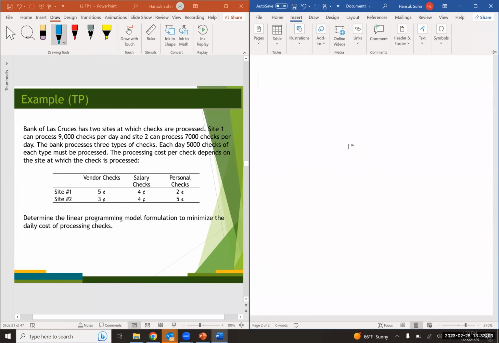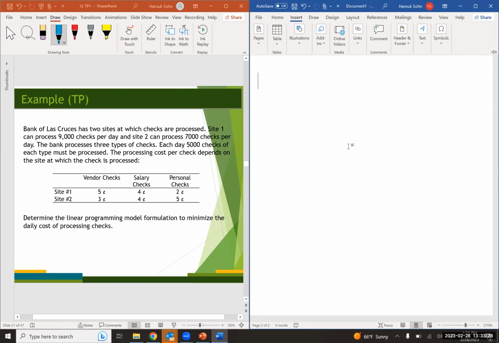So this would be one of those examples. And in this case, you may consider the 2 processing sites as the sources and the check types to be the destinations, or vice versa. Okay.